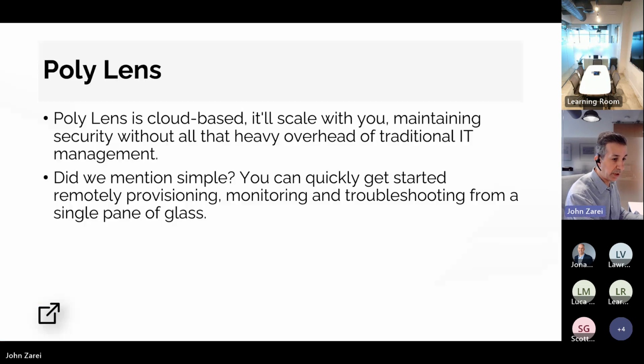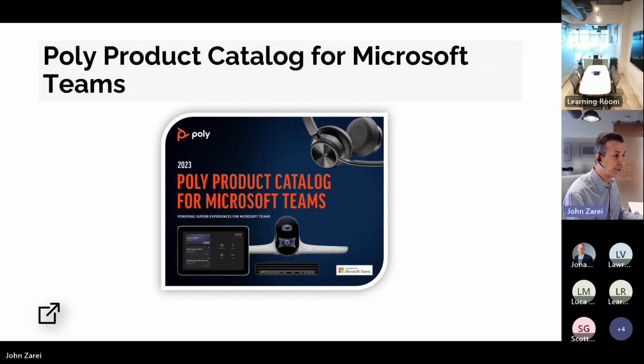Yeah, so we talked about the Poly Lens. So that's great. And the other thing I want to talk about, again, there is a full catalog for the Microsoft Teams devices. Just feel free to download this catalog. There are lots of options available. But the nice thing about this one, you will find all Teams certified devices.